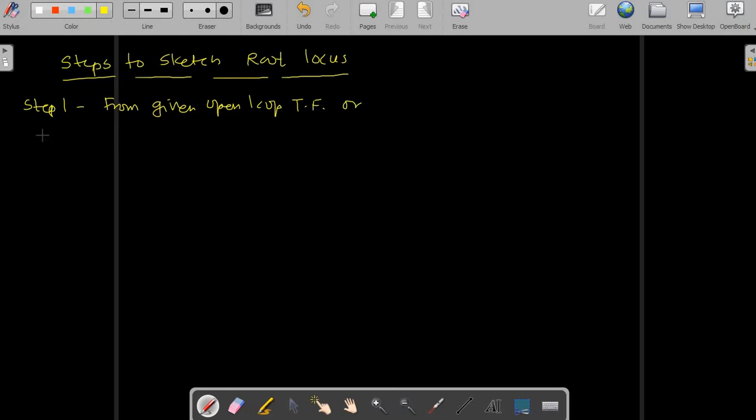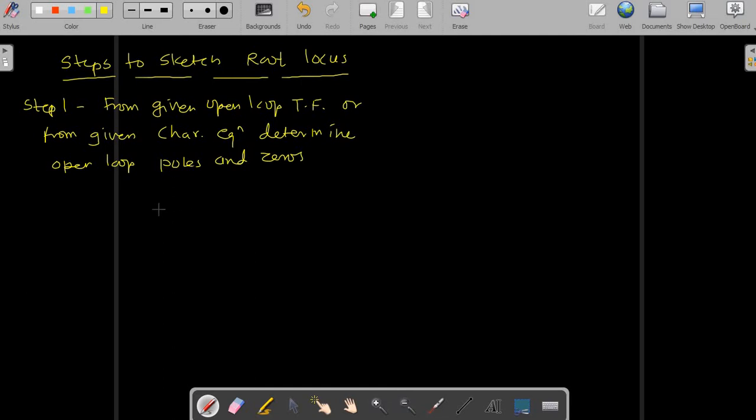or from the given characteristic equation, determine the open loop poles and zeros.